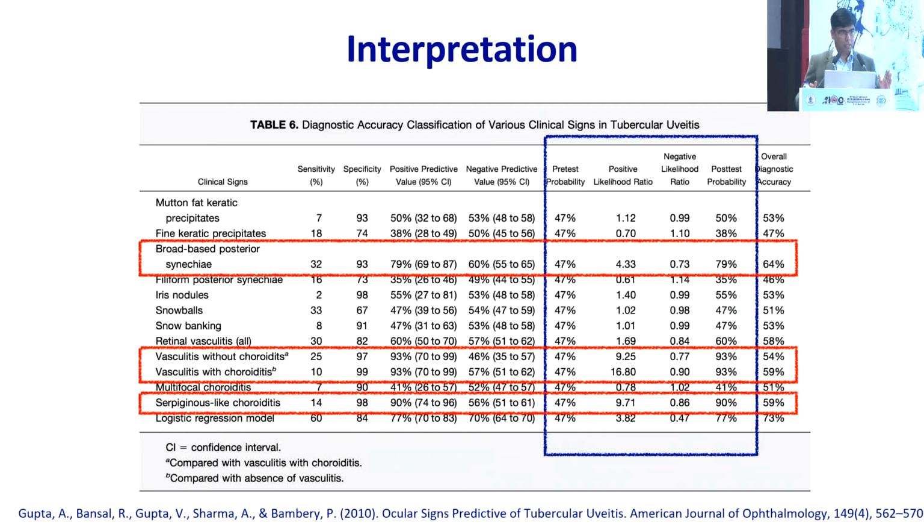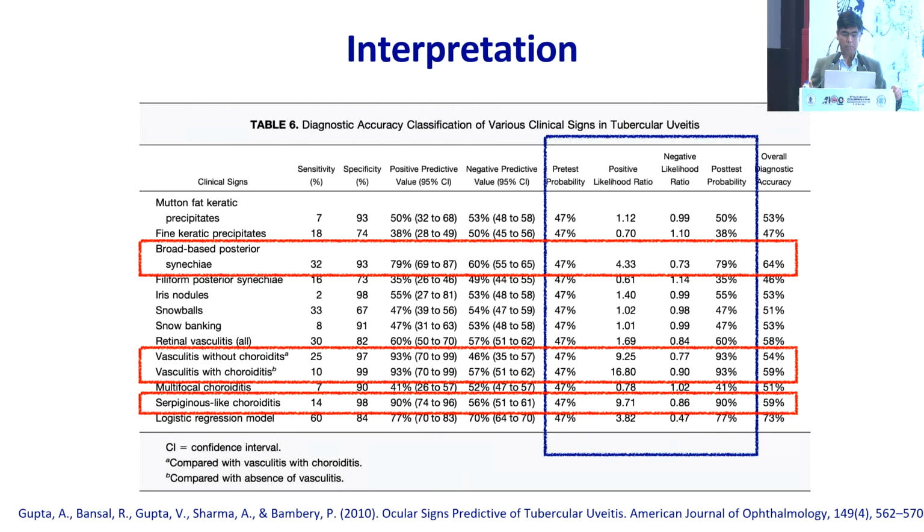This is a very important table from a very important article on ocular tuberculosis, published way back in 2009 by Professor Amod Gupta. What is important when you interpret these tests is the clinical presentation of the patient. These tests have to be interpreted in context with the clinical picture.